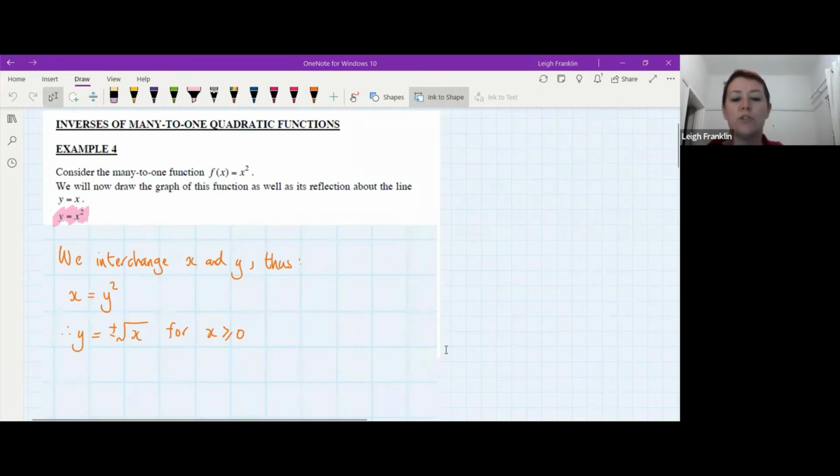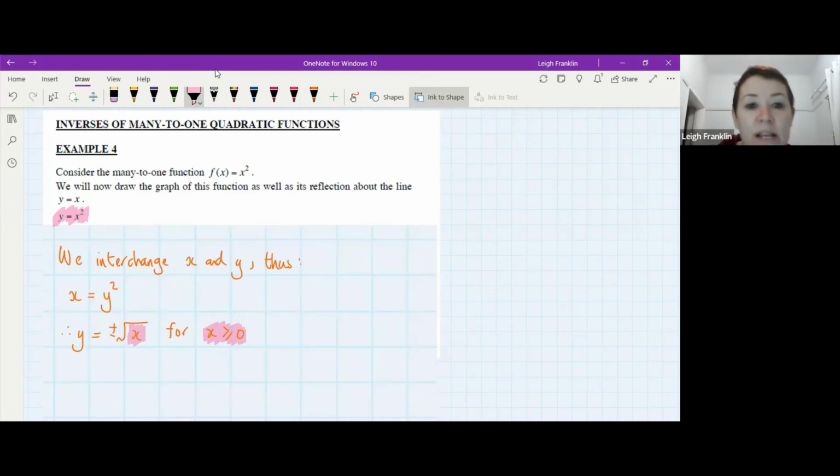Okay, so sorry, what I was asking is that after you've interchanged the x and the y, you've now said that y is equal to plus minus root x, okay? But there's a restriction on the value of x. Because we've got a square root, it means that x has to be 0 or positive. Why?